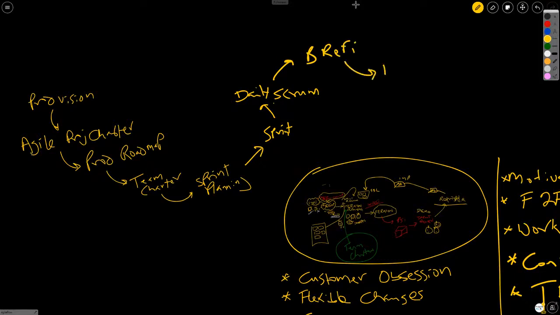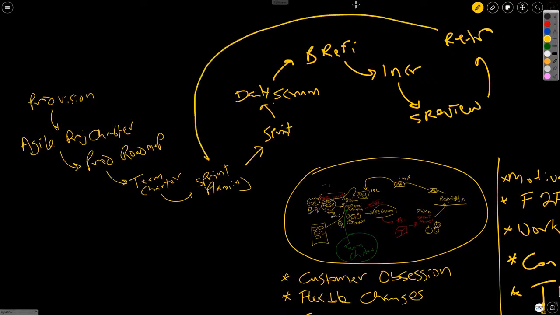Eventually, you're going to get your increment. You're going to have a sprint review. You're going to have a retrospective, and then you're going to go back to the very beginning and the sprint starts again. So I was going to show this the way I would really like to. I'm going to make a little edit here.